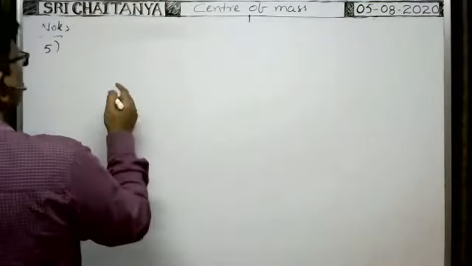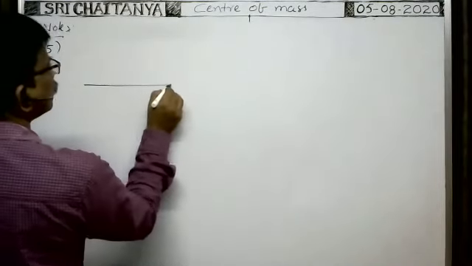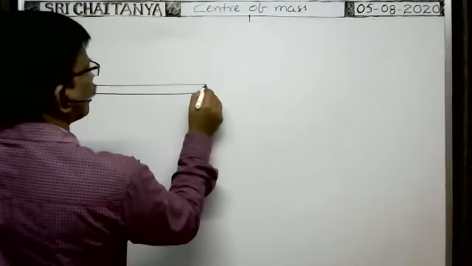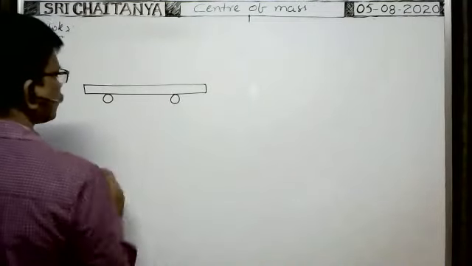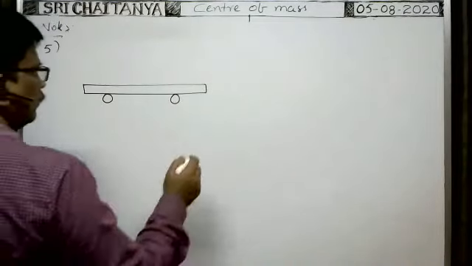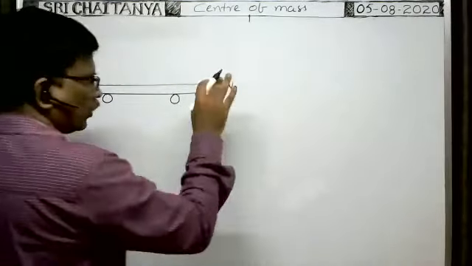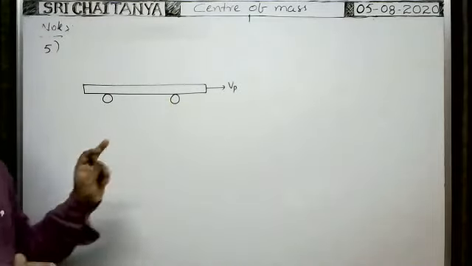Next, fifth point. Suppose it is one platform moving with a velocity Vp towards right. Of course, the velocity of the platform is not given.